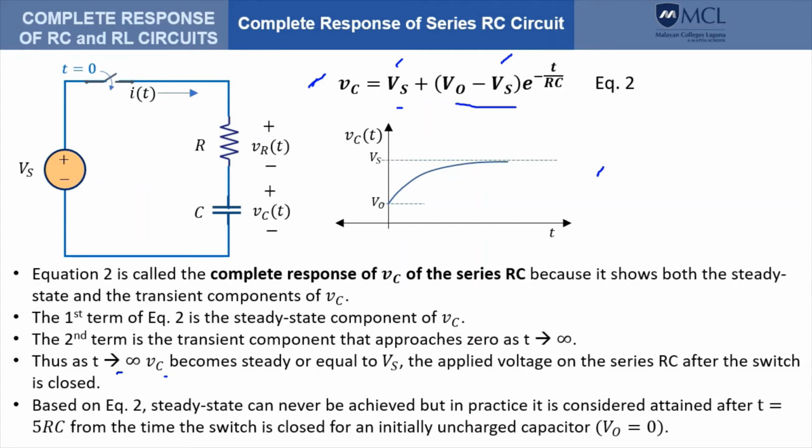But in actual practice, we usually consider v sub c to have achieved a steady state after time t equals 5 RC from the time the switch is closed, assuming that the capacitor has no initial voltage. The time can be less if the capacitor already has an initial voltage.